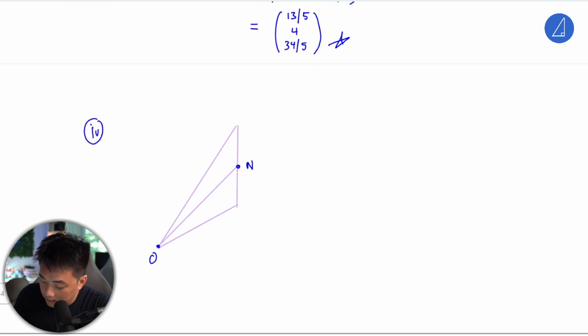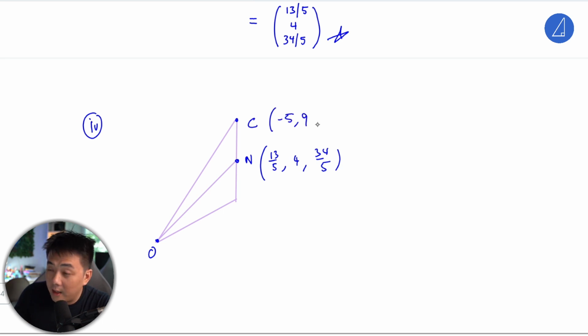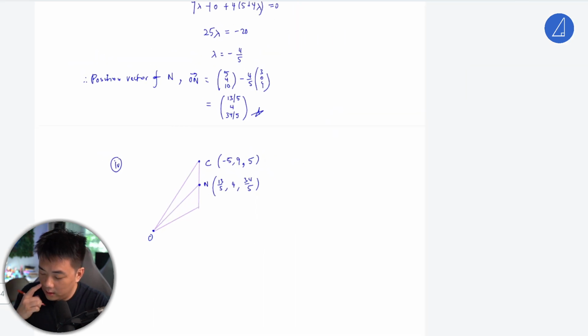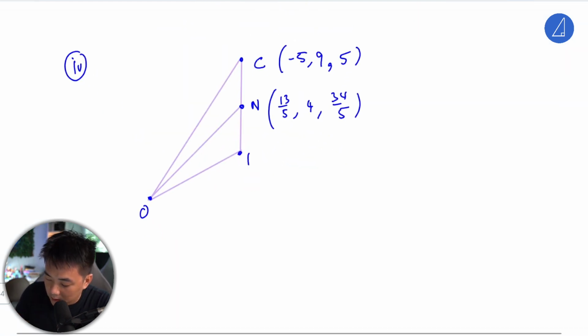Okay, we have N. So N is (13/5, 4, 34/5). After which we have C here, which is actually minus (5, 9, 5), right? So the position vector of D is here. What we need to do is just use the ratio theorem or midpoint theorem.